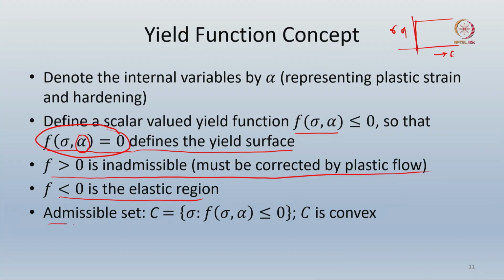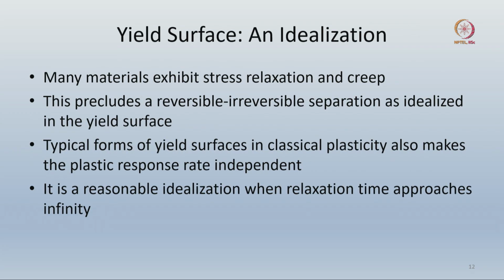Therefore, let us define the admissible set, call it C. It turns out that it is a closed set, given by all those sigma for which f is less than or equal to 0. As I told you, think of f right now as a function of sigma only. It also turns out that, the way we define plasticity models, C is a convex set. That is a very important point, and we will discuss convex sets soon.